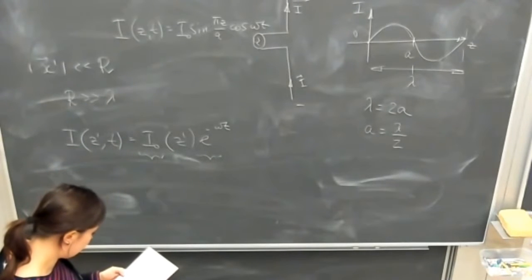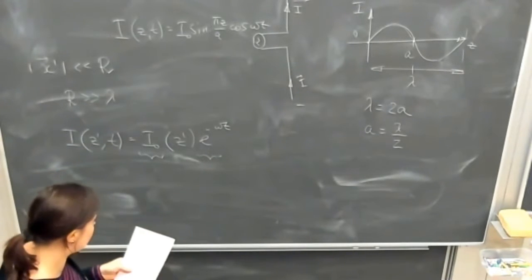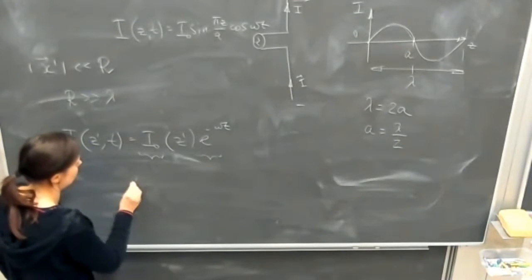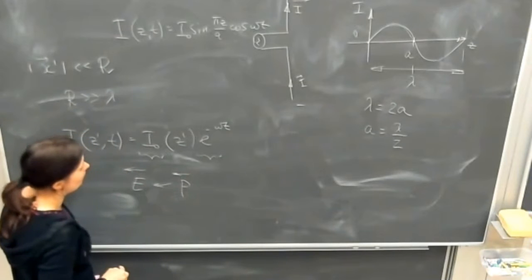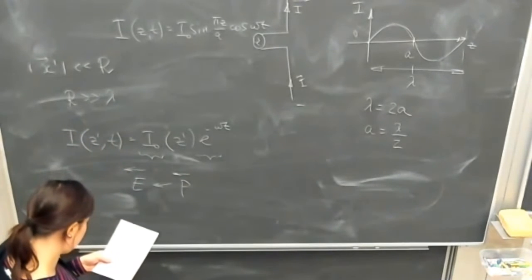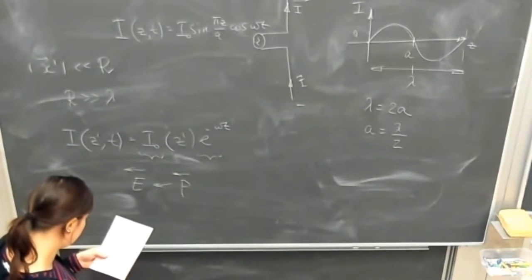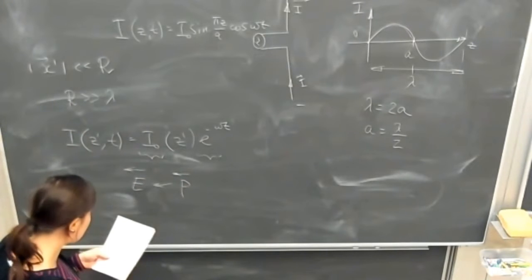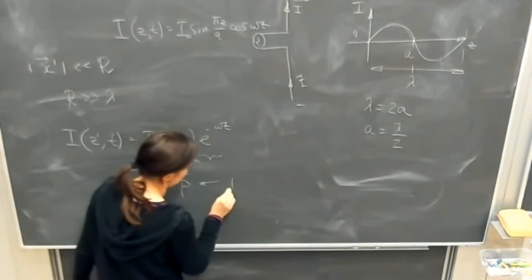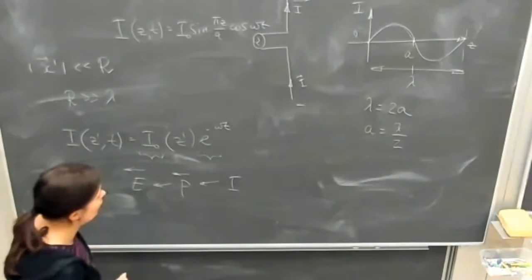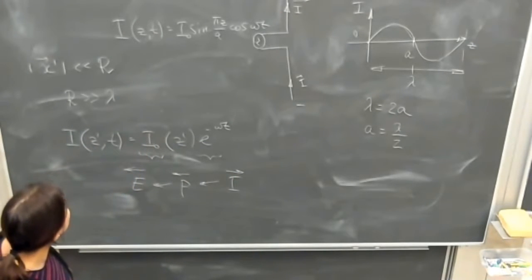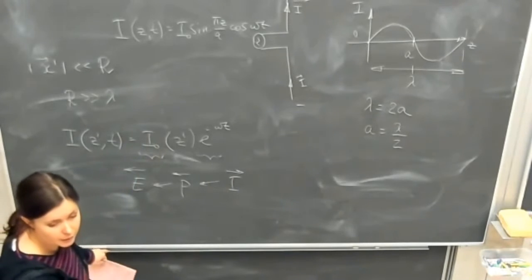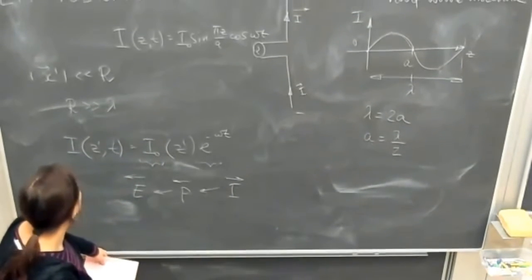Then the electric field can be found from the dipole moment, and the dipole moment can be found from the current. So, the solution of the problem.